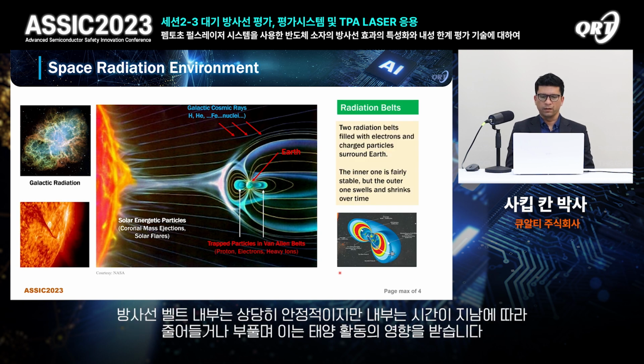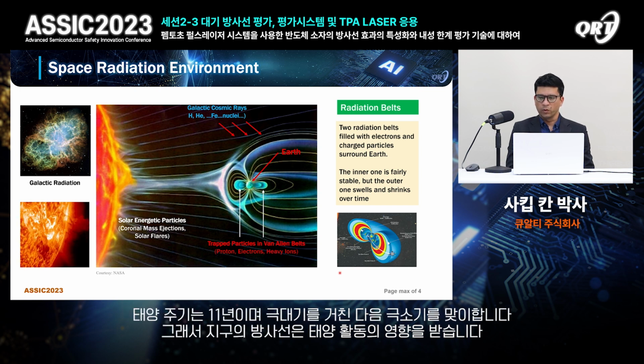Of the radiation belts, the inner belt is fairly stable, but the outer belt shrinks and swells over time, depending upon the activity of the sun. The sun has an 11-year solar cycle through which its activity goes to a maximum and then comes to a minimum. So the radiation on the Earth depends upon the solar activity.